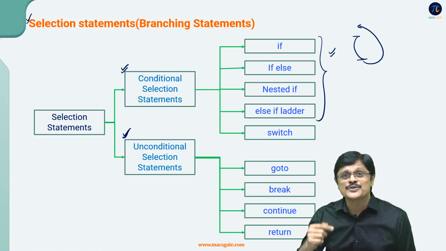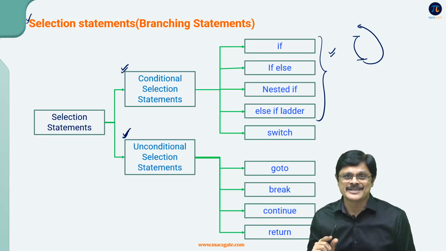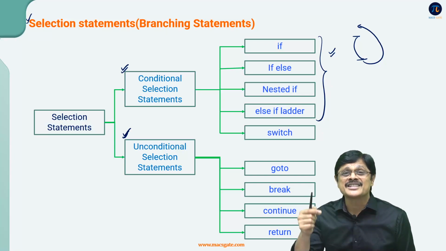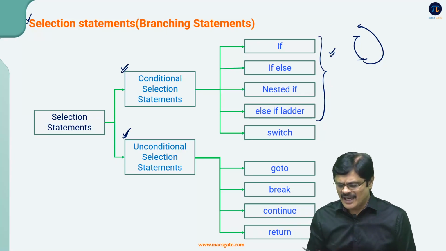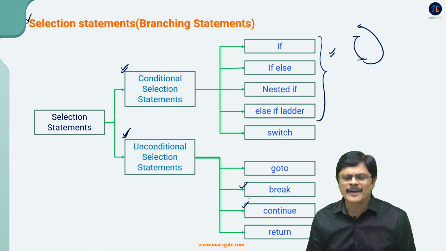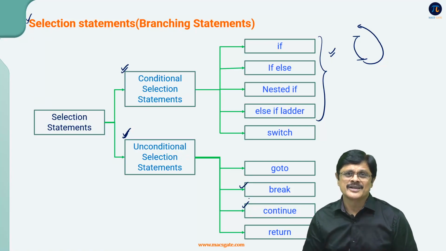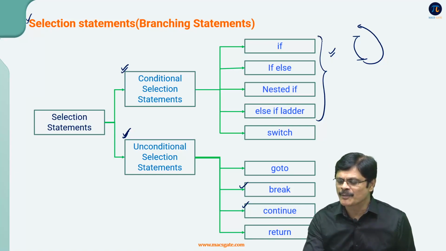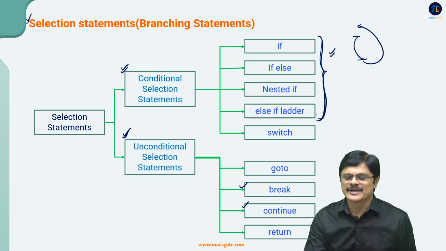So C allows you to move front and back using goto statements. That is what we call unstructured programming. And break and continue are mainly used with loops, and we use the return statement to return the value from a function. So these are the selection statements, but in this session we are going to talk about if statements.